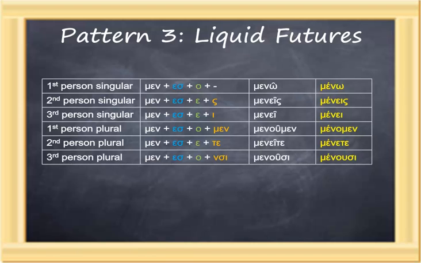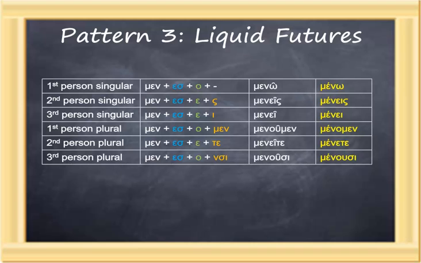In this chart, you see the full paradigm of the future active indicative of meno, where the tense formative epsilon sigma is added. It combines with the connecting vowel to cause the sigma to drop out and a contraction to form.